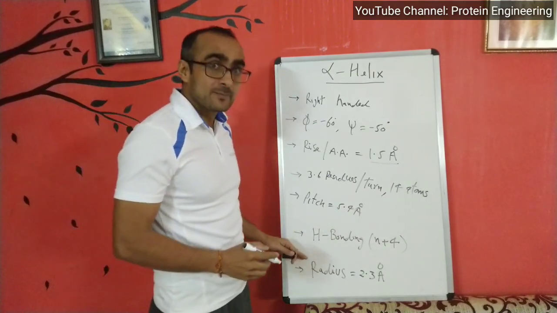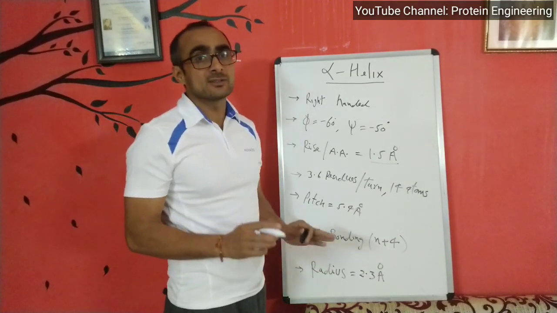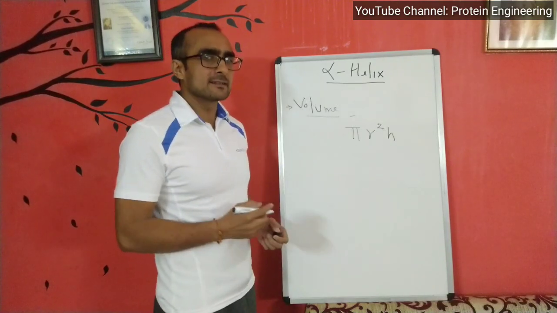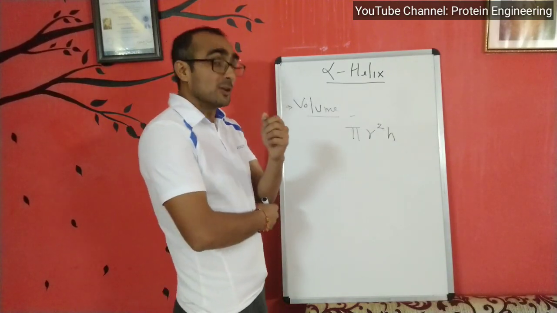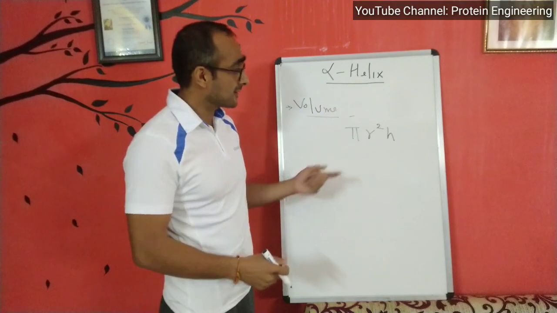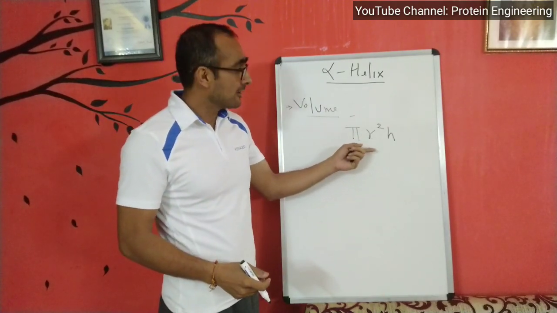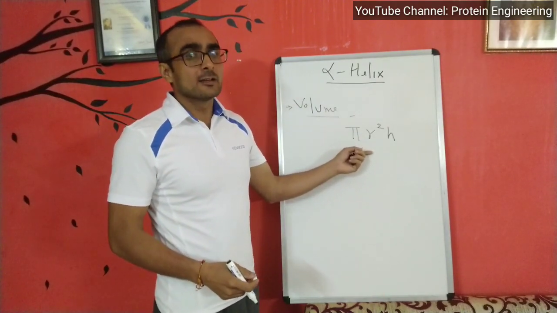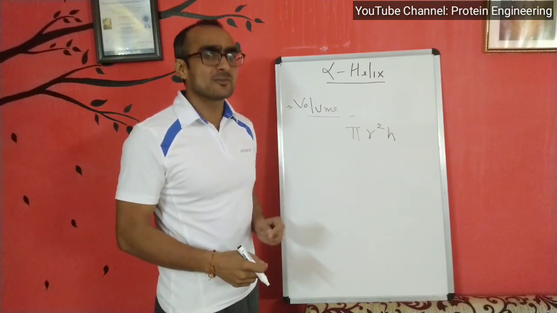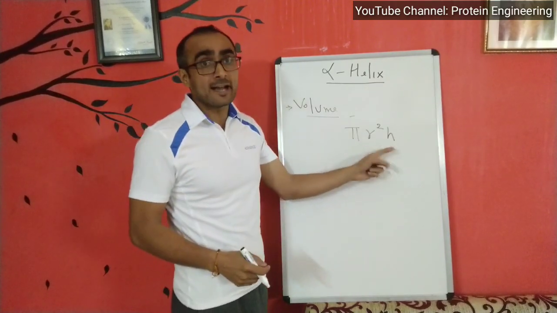The radius of the helix is 2.3 angstrom. The alpha helix is a cylinder, so its volume can be calculated using the formula pi r squared h, where r is the radius, which is 2.3 angstrom in case of the alpha helix, and h is the height of the helix.